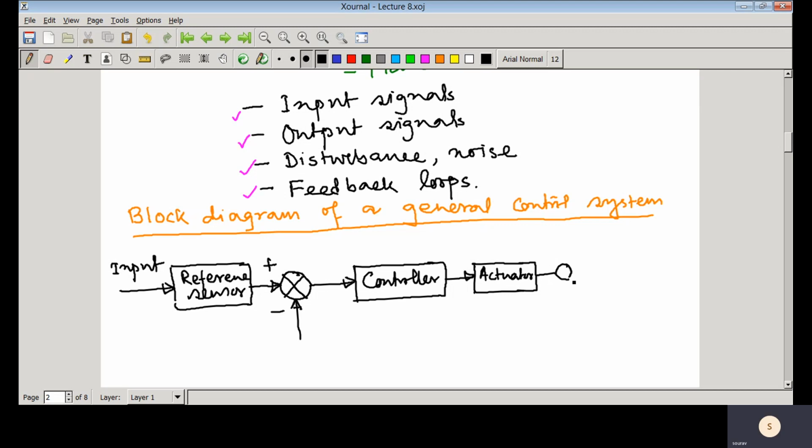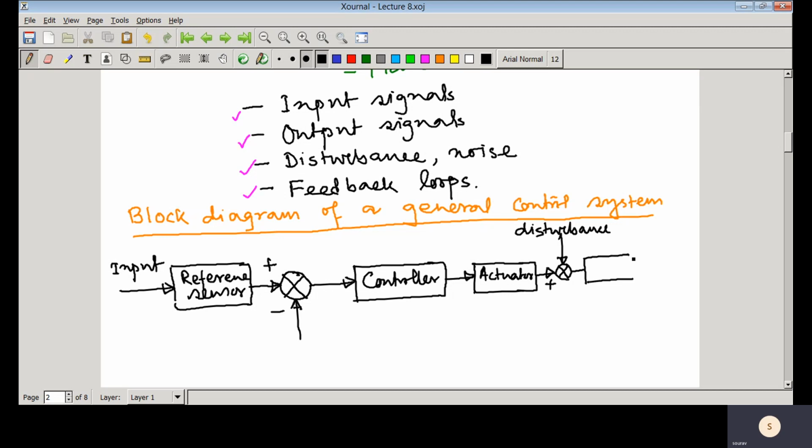In between the actuator and the plant there is again a comparator, so disturbance may enter the system.